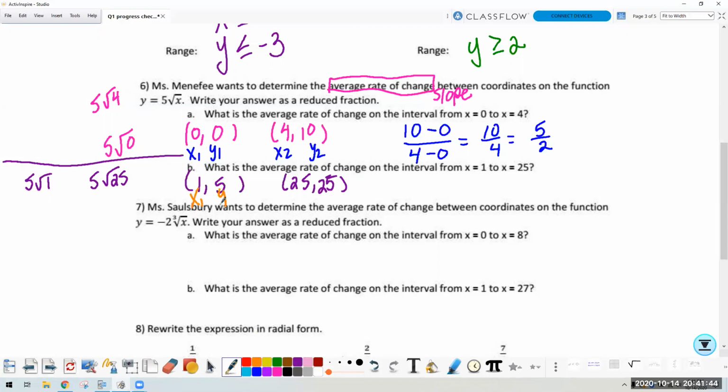Okay, x1, y1, x2, y2. So my slope is 25 minus 5 over 25 minus 1. Both of these are even numbers. Let's divide by 2. Still even numbers. Divide by 2 again, I get 5/6.